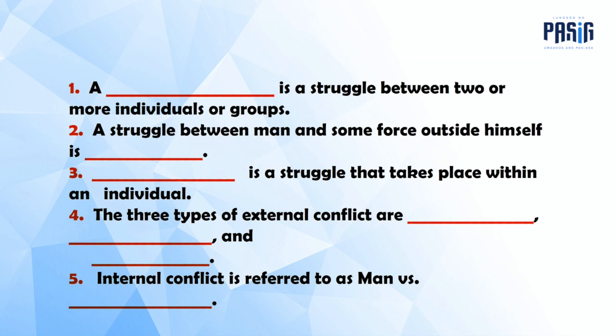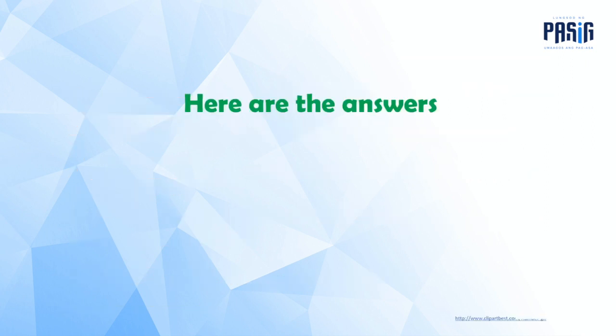Number 3. Blank is a struggle that takes place within an individual. Number 4. The three types of external conflict are blank, blank, and blank. And number 5. Internal conflict is referred to as man versus blank. You are given 20 seconds to answer.